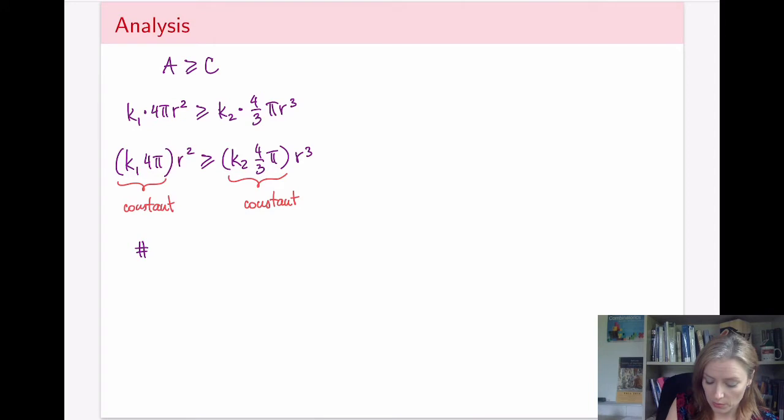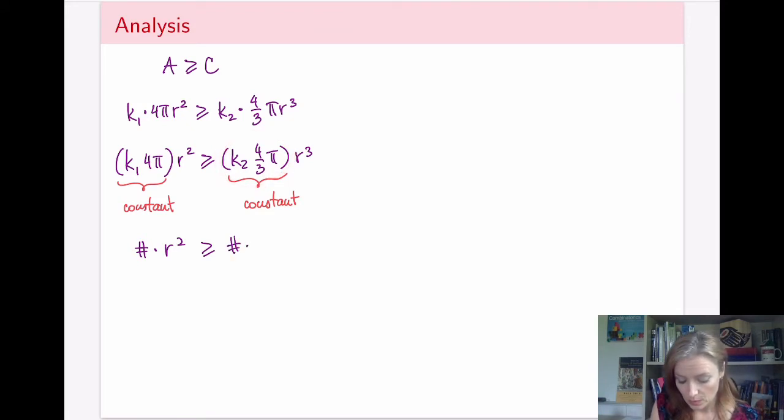So I have number times r squared greater or equal, and then again, this is some other number times r cubed. Okay, so now all I see is that I need to compare a power function with r squared versus a power function with r cubed.